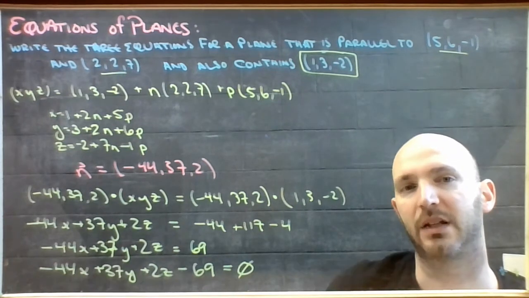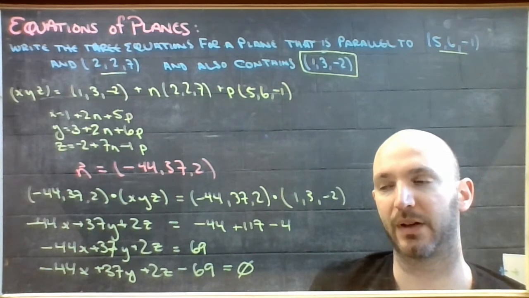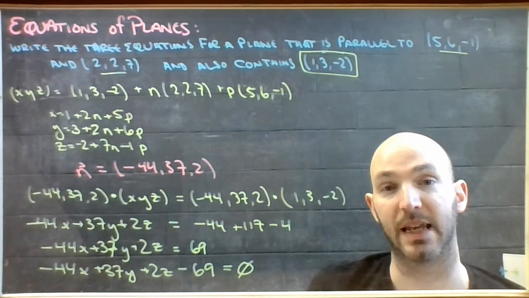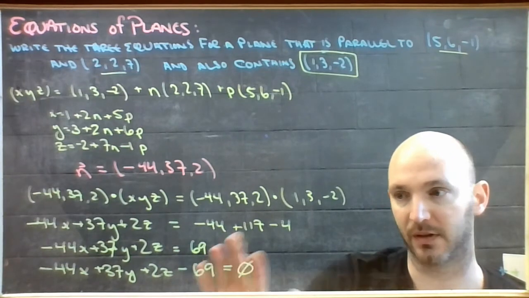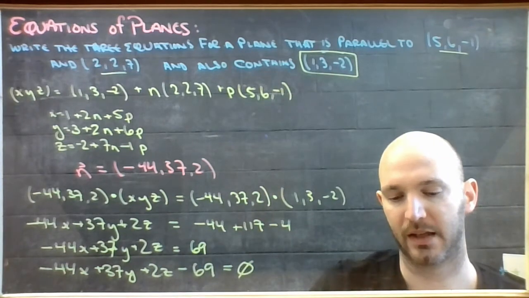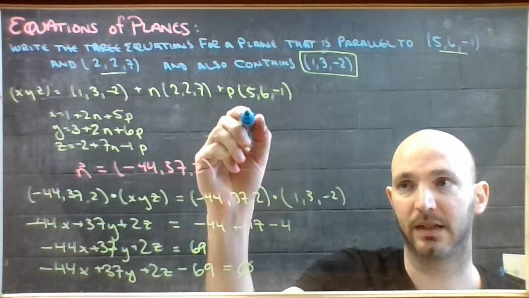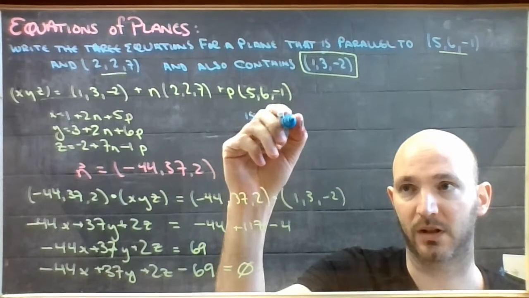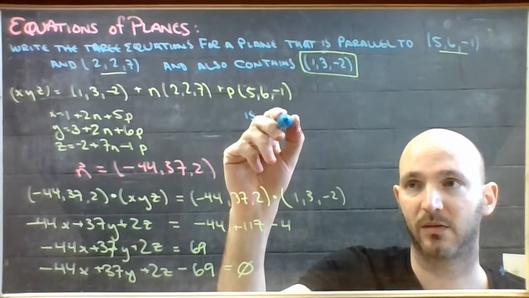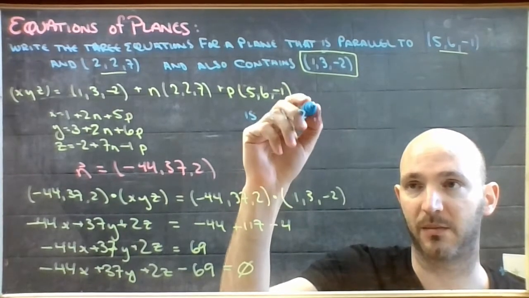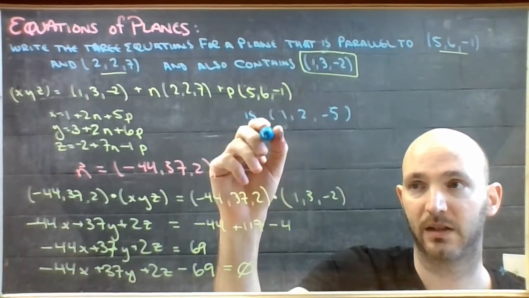This equation here is really handy if I'm trying to figure out if a point is in the plane. So if I were to ask you, for example, after all of this, is the point, let's make up a number, 4, that's too big, about 1, comma 2, comma negative 5 in this plane?